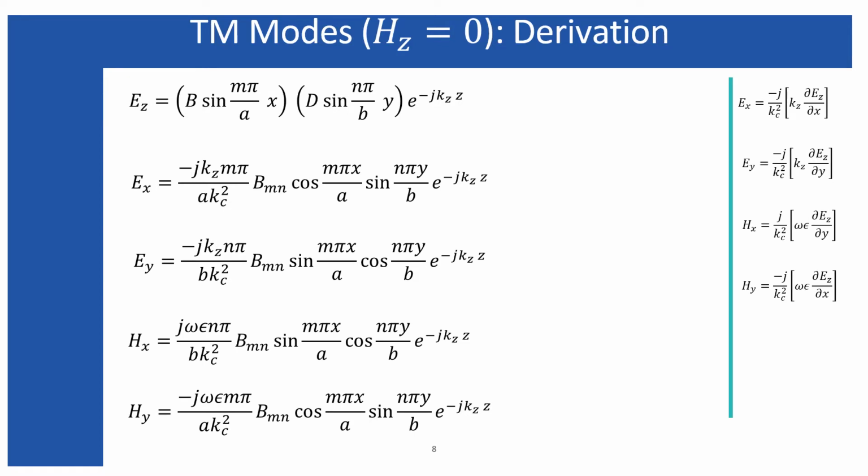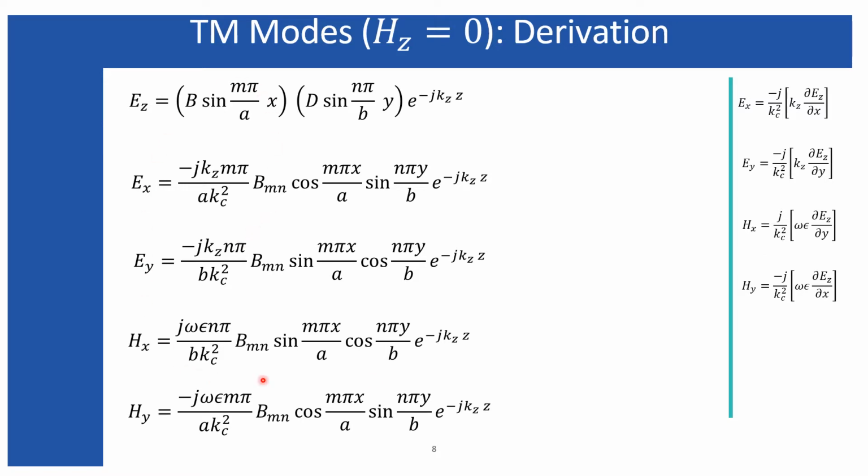Now, as you know, the electric field Ez, that means the longitudinal component of the electric field, you can easily figure out. The other four components, that means Ex, Ey, Hx and Hy, come from these reduced equations I have derived, and are expressed in terms of Ez only. So it includes the derivative with respect to x and y of Ez for both the E and H fields along the transverse directions.